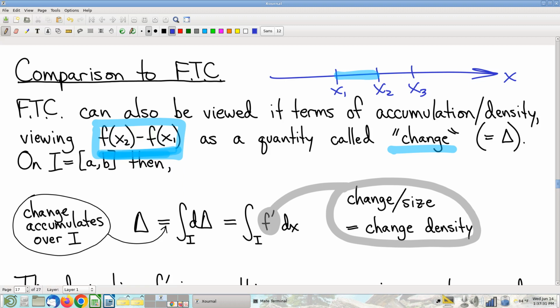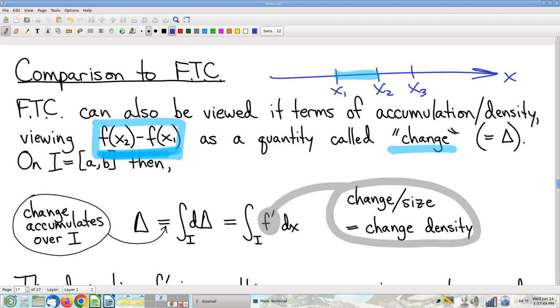My favorite little silly analogy is if you were to keep track of my height as I was growing up, right? Say starting from when I was age 10, here was how tall I was at age 10. Here's how tall I was at age 20.